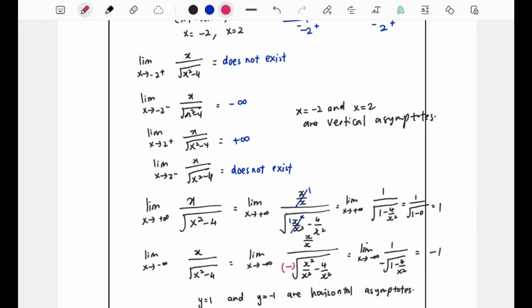Okay, there will be no graph on the right side of negative 2 and left side of 2. So we need to focus on the sides that exist.